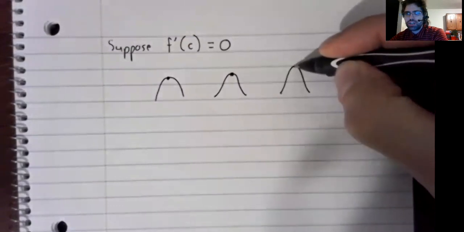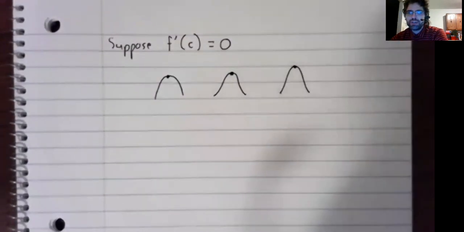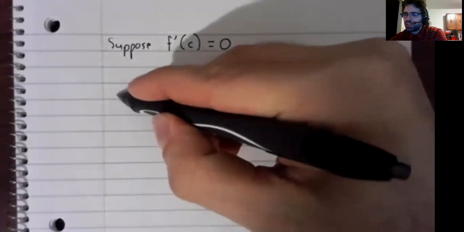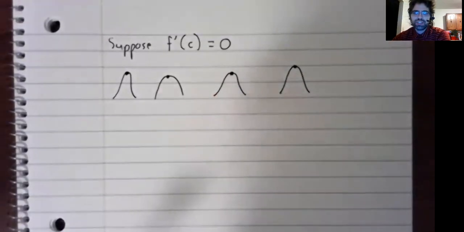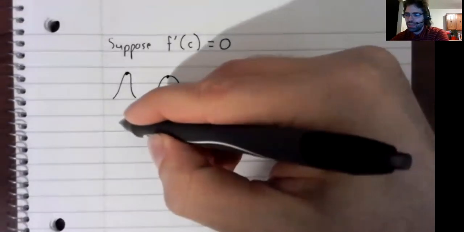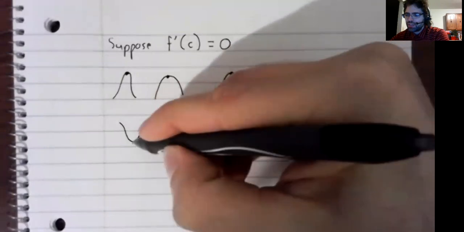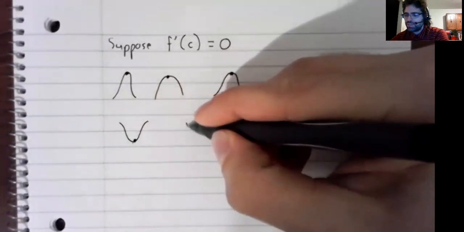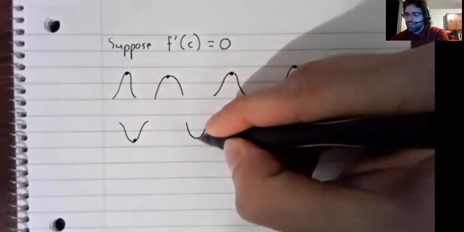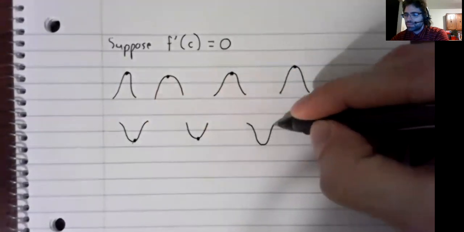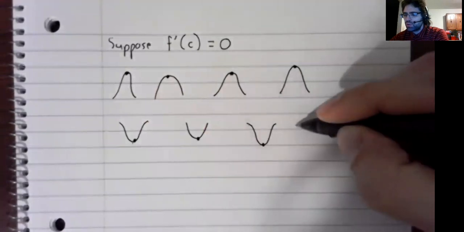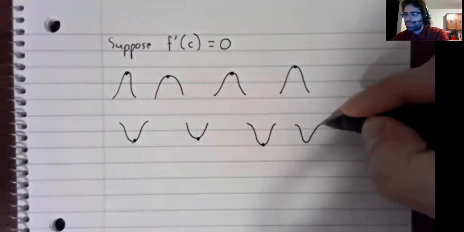I mean, there's not a lot of variety going on here, right? A local maxima is a local maxima. And similarly, a local minima is a local minima.